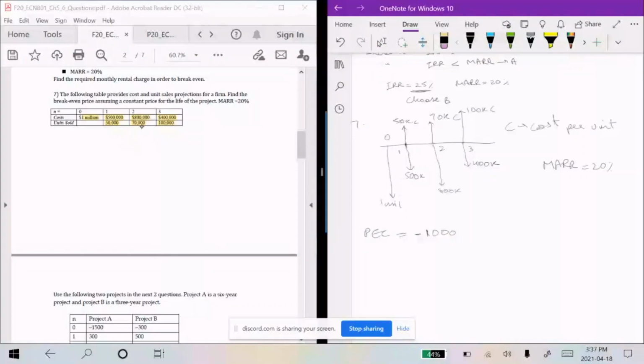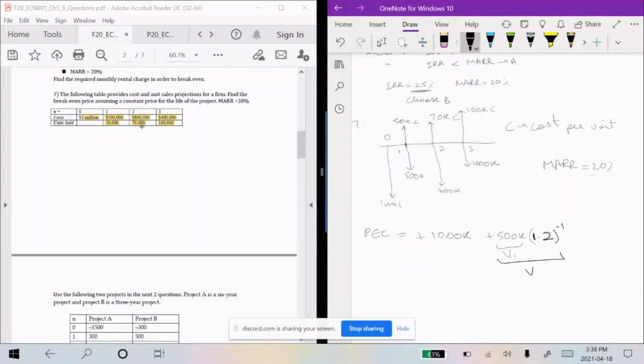Let me do it this way. 1 million is going to be 1000K. Then 500K, it's going to be positive, never mind. This is in V1, so you're taking it back one period by using the MAR: 1.2 raised to the power minus 1.